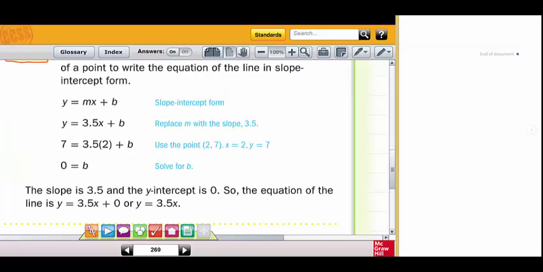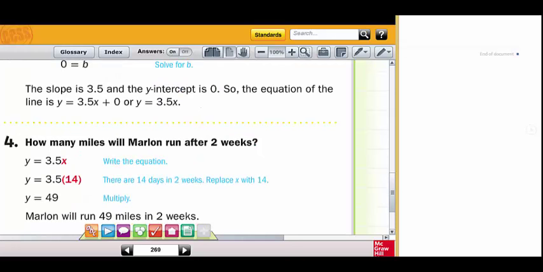So they used their slope of 3.5, and then they used the points 7 and 2, which if you look above in your book, you'll see that that was one of the points. Do the multiplication, and we have 7 equals 3.5 times 2, so 7 equals 7 plus b. And obviously, therefore, b must be 0, which is what we did. Two different ways to find the slope and the y-intercept. Use the way that works well for you.